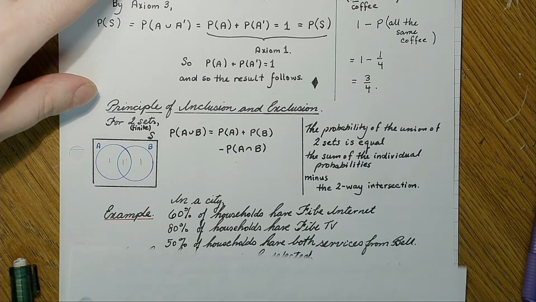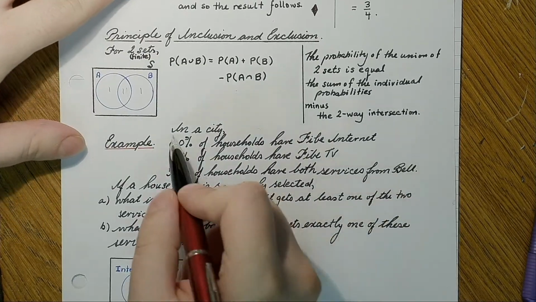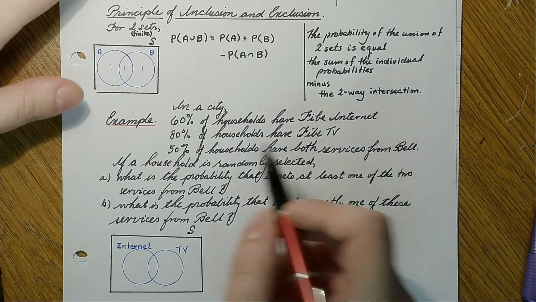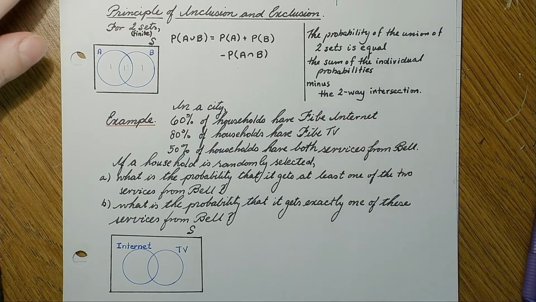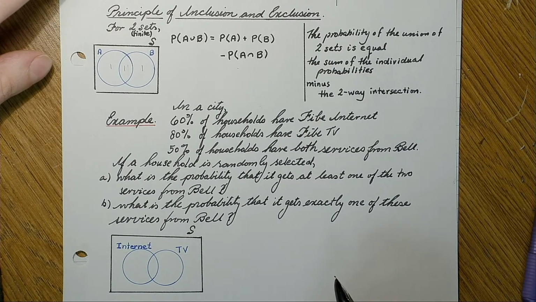So let's do an example. We have in a city, let's say in Kingston, 60% of the households have fiber internet, 80% of households have fiber TV, 50% have both services.